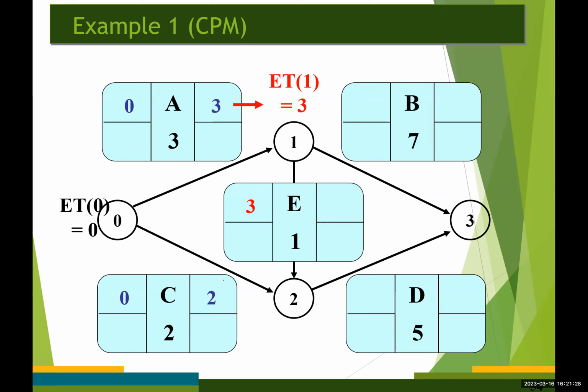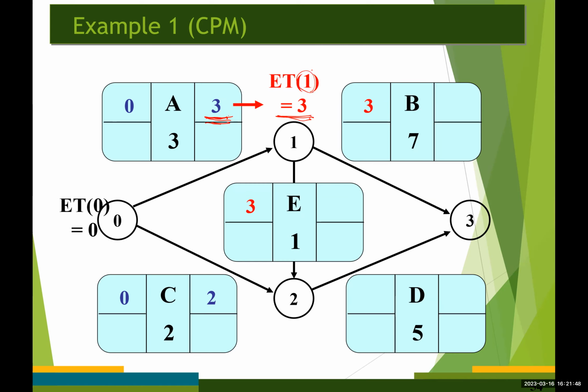And the earliest time for event number 1 becomes 3, which is from the earliest finish time of activity A down here. So this value automatically becomes the earliest time for event number 1.